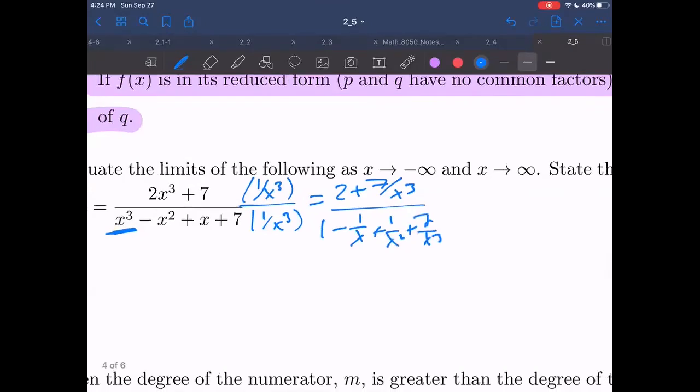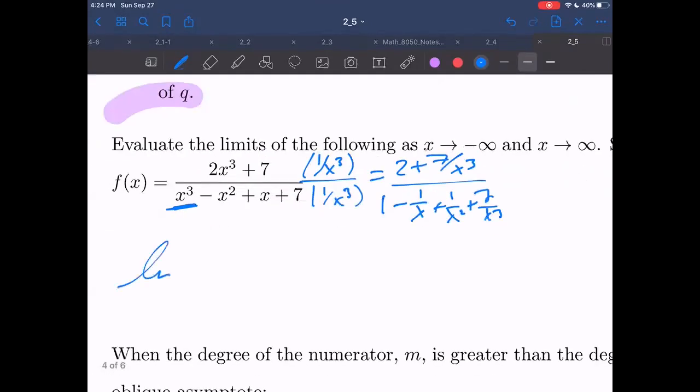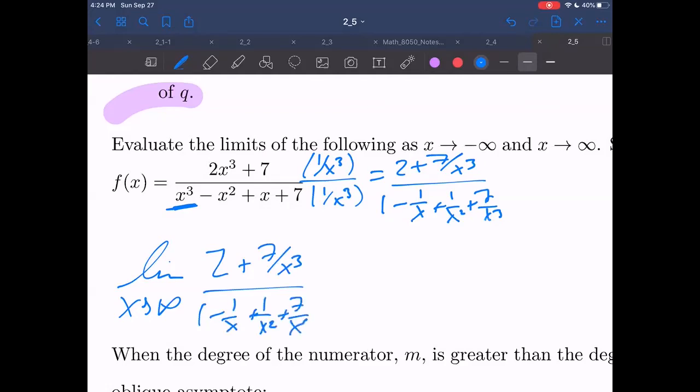We did the limit as x approaches positive infinity first, and this will go to 0 because it's a fraction, this will go to 0, this will go to 0, and this will go to 0 because they're all fractions. So we're left with 2 over 1, which is just 2.